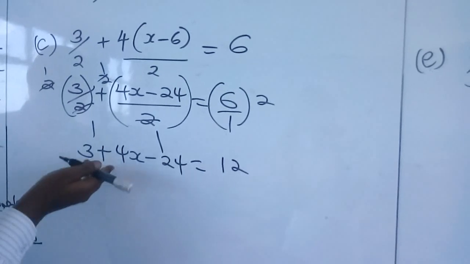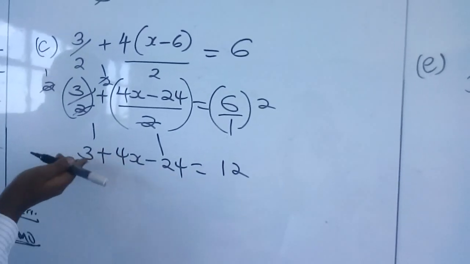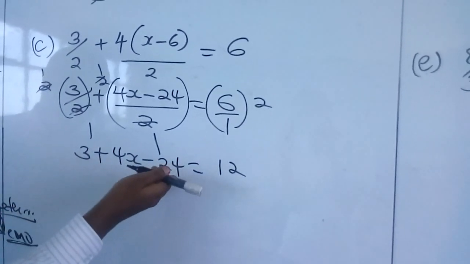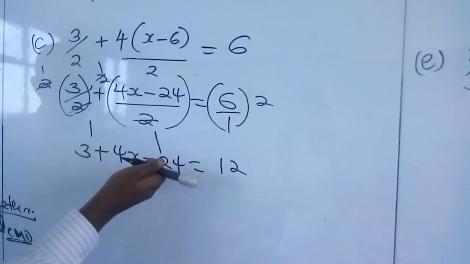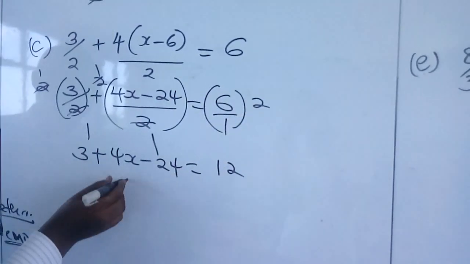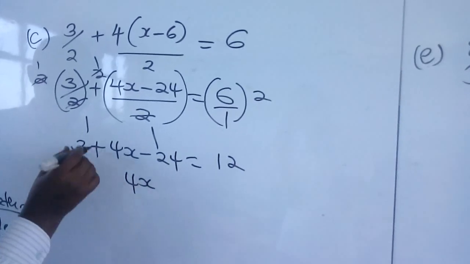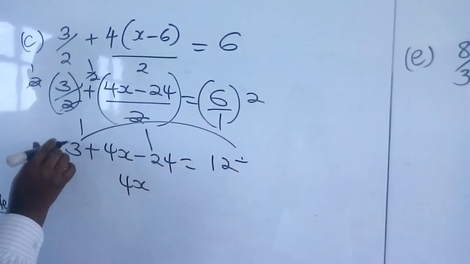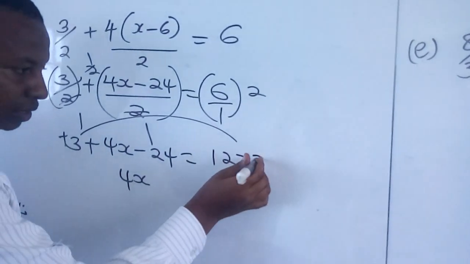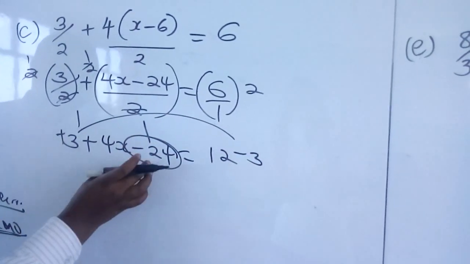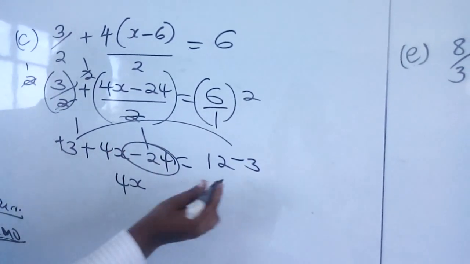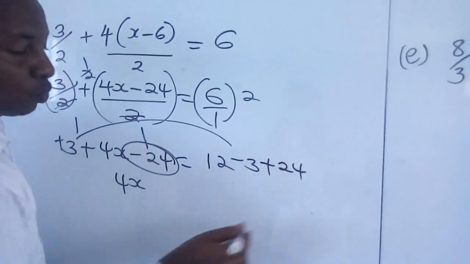Then from there, on this side we have 4x, 3, and negative 24. Simply we can take these whole numbers to the other side so that we are left with 4x. If you take 3, the sign here is positive, so it will be minus 3. The sign for 24 is negative, so it will be plus 24.